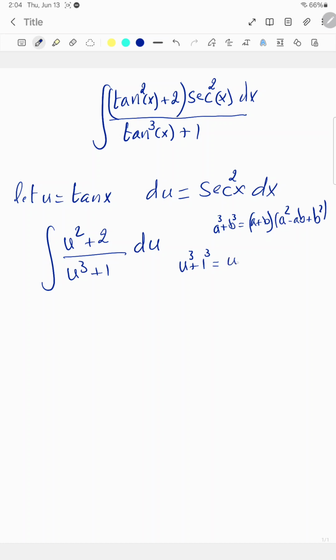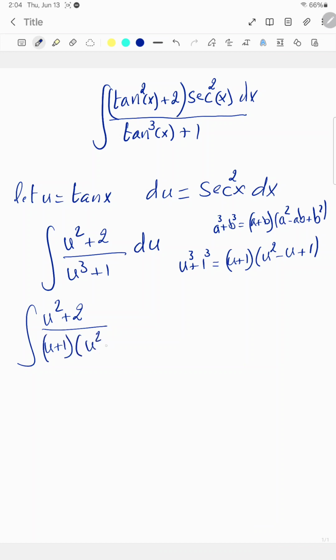It will be equal to u plus 1 times u square minus u times 1, which is u, plus 1 square, which is 1. So I can rewrite my integral as u square plus 2 divided by u plus 1 times u square minus u plus 1 du. Okay? And now I can do the partial fraction decomposition.